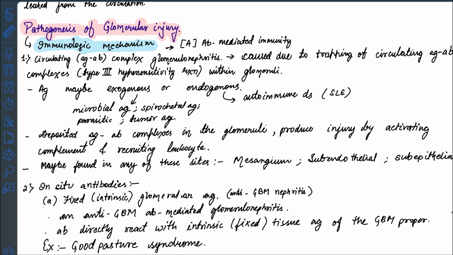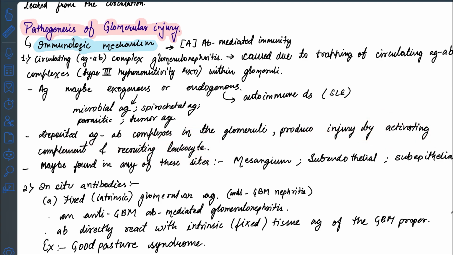It can also be due to injury by activating complement and recruiting leukocytes. The deposited antigen complex in the glomeruli produces injury by activating complement and recruiting leukocytes. So first, due to type 3 hypersensitivity reaction, either for endogenous or exogenous reasons, the antigen antibody complex gets trapped in our glomeruli. Further, these complexes produce injury by activating complement and recruiting leukocytes.